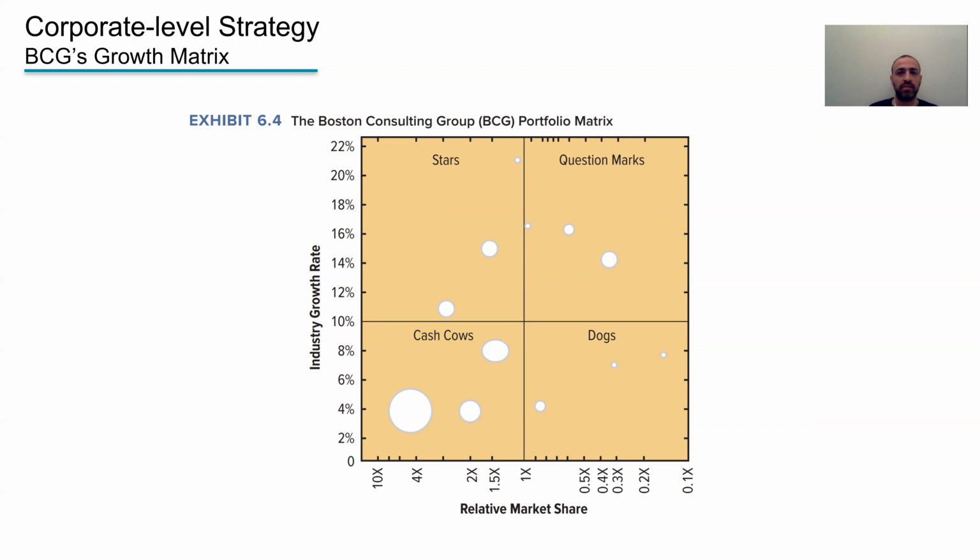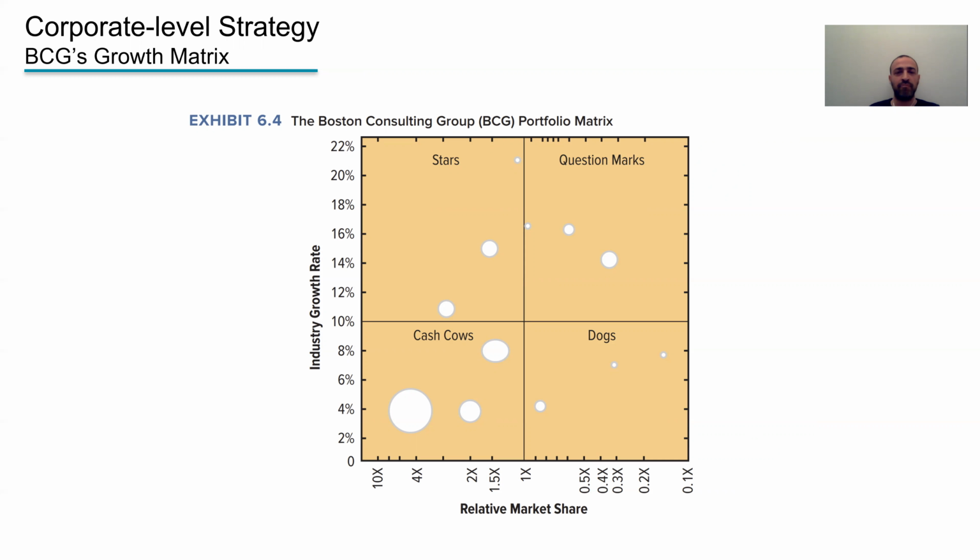For stars, stars are the best because the industry growth rate is high, and also at the same time you have high market share. So you have to do your best to keep the stars because they make a lot of profit.